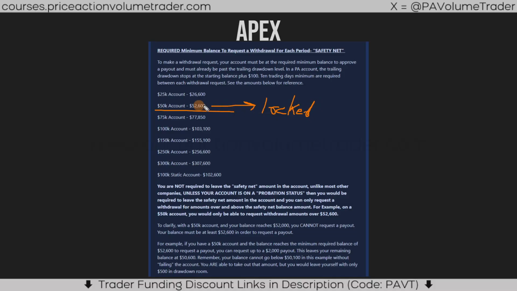So that means at this stage, your trailing drawdown is going to be locked at $50,100, because remember, it's a $2,500 trailing drawdown for the 50K on Apex. So it says here, you are not required to leave a safety net amount in the account.